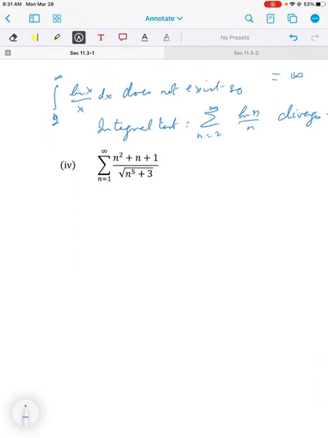Looking at the next example, again this is a kind of intimidating function, and it's not a geometric series, not harmonic, not telescoping. So at this moment the only thing we can think of is trying to integrate.